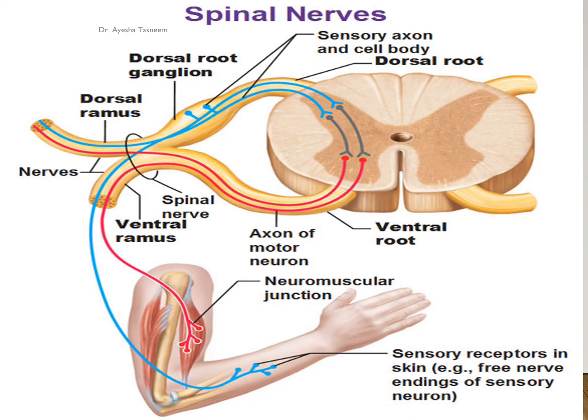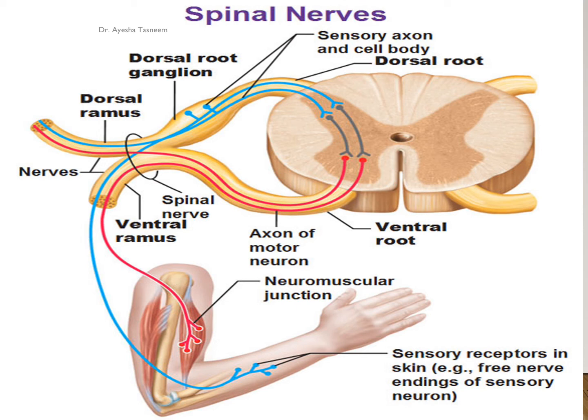This is a schematic diagram of a typical spinal nerve. The spinal nerve consists of both motor and sensory axons. Here you can see the blue root, or the dorsal root, is the sensory root, and it has sensory ganglia, known as the dorsal root ganglion.